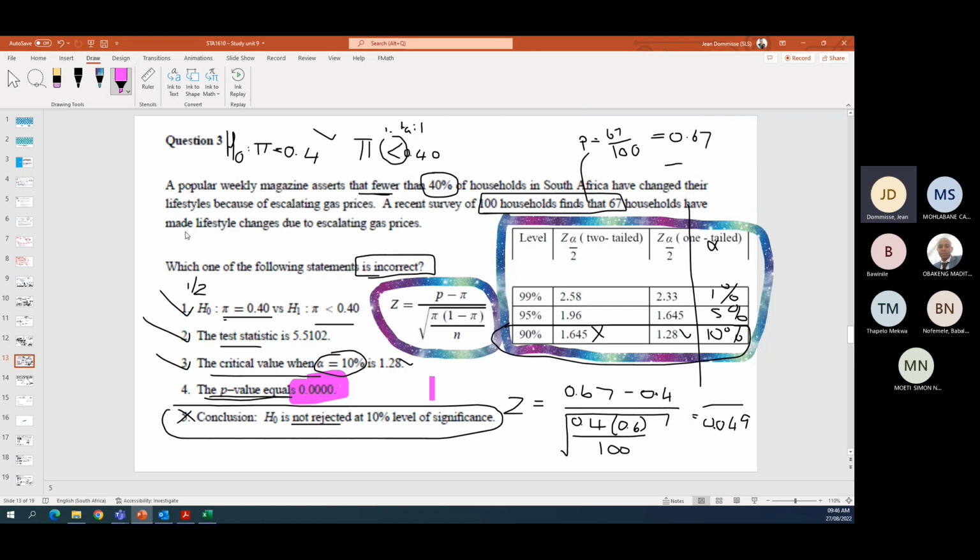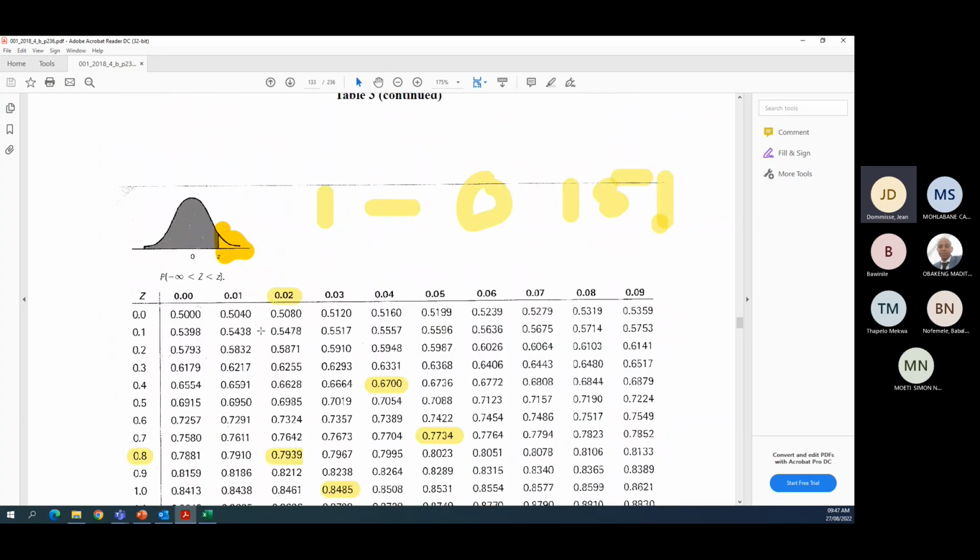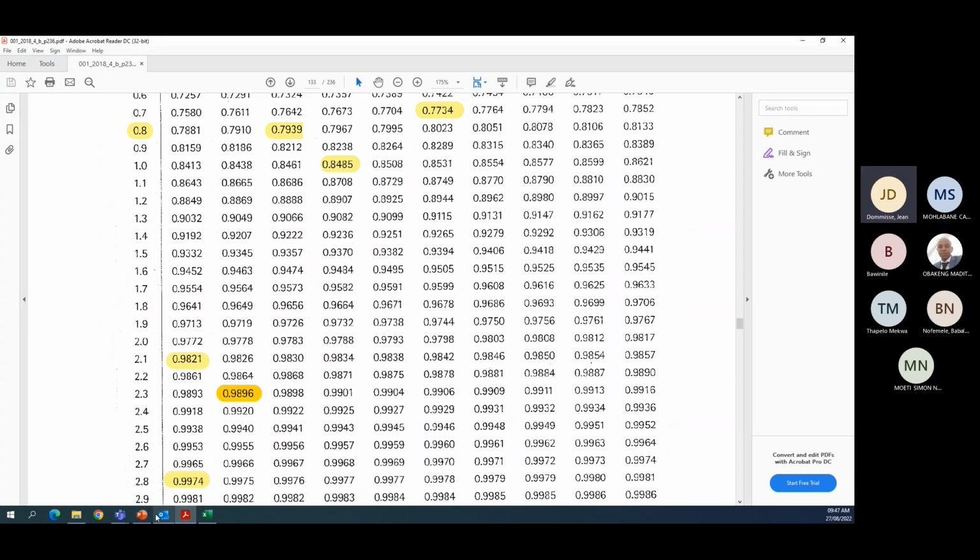Assignment wise, they can go into the higher T stats, but in the exam it will probably be limited to 3 and less, so that you are able to use the tables.